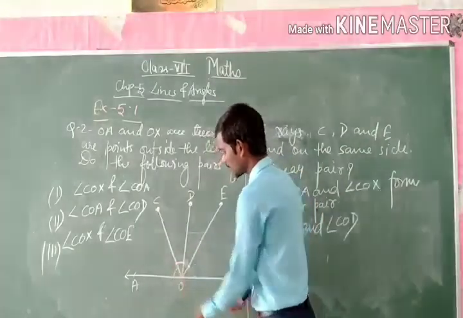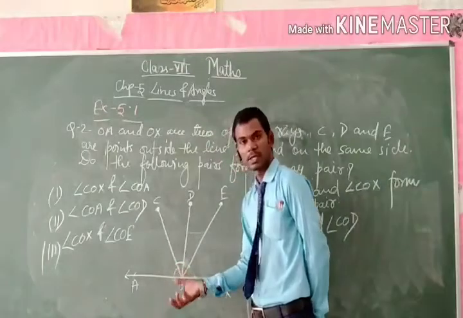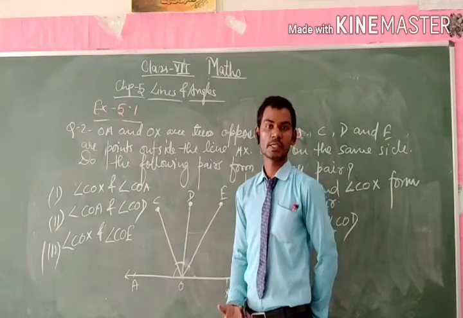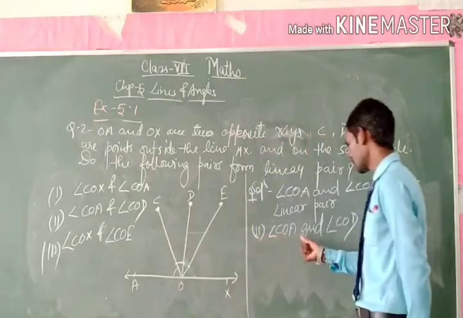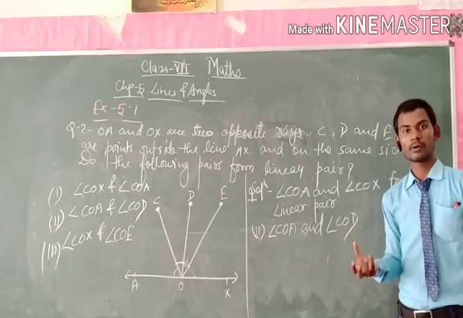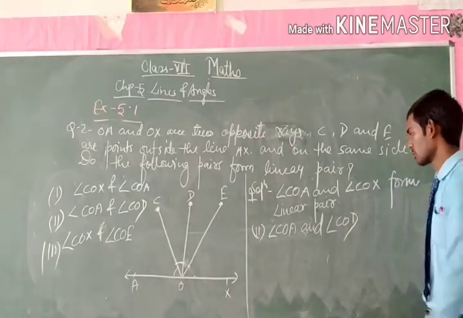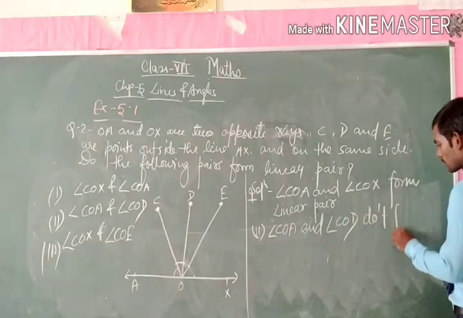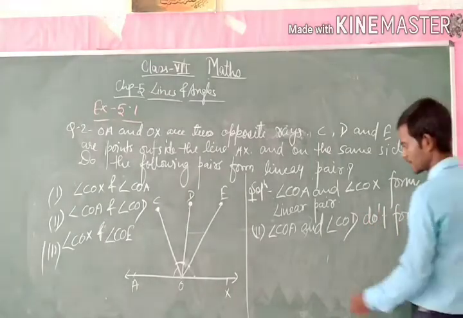Here we can see that the sum of their measure is only 90 degrees. So we say that this pair, COA and COD, does not form a linear pair. So we write: does not form a linear pair.